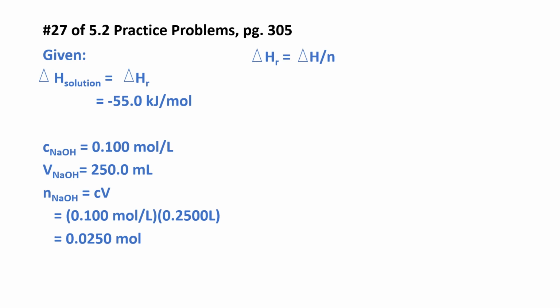Once you have that, we use the formula: molar enthalpy equals change in enthalpy over the number of moles. But we have to rearrange it now because we have the molar enthalpy, we have n, but we don't have delta H. So we have to multiply each side by n, and we get that our change in enthalpy is going to equal n times the molar enthalpy.